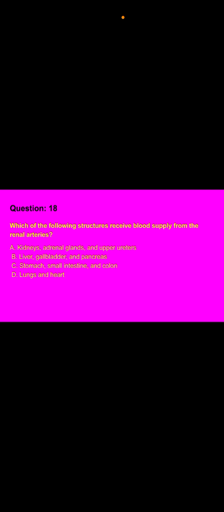Question number 18. Which of the following structures receive blood supply from the renal arteries? A. Kidneys, adrenal gland, and upper ureter. B. Liver, gallbladder, and pancreas. C. Stomach, small intestine, and colon. D. Lungs and heart.